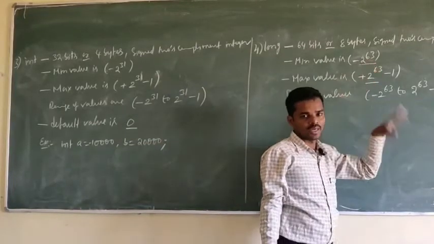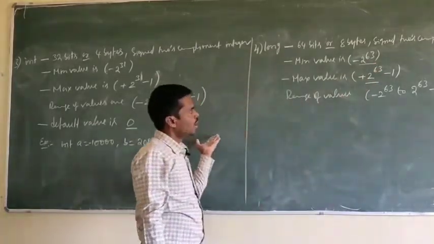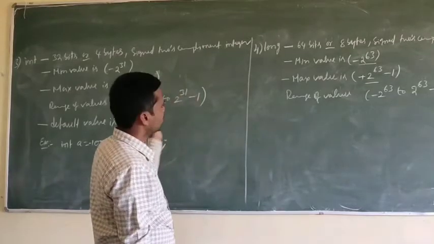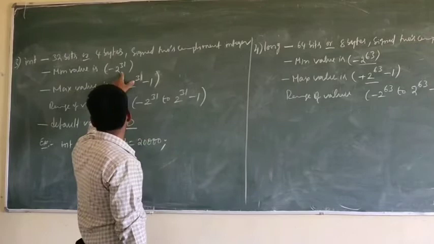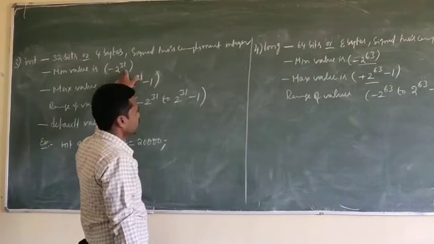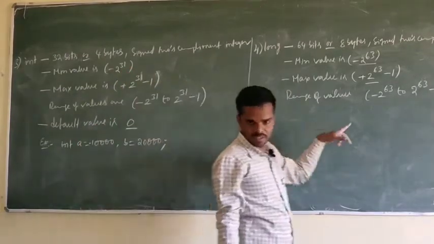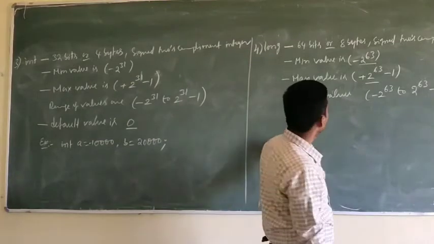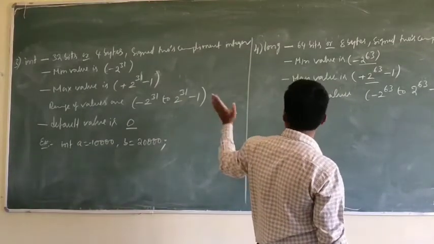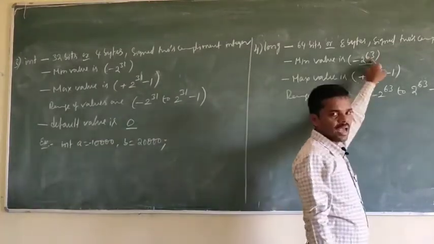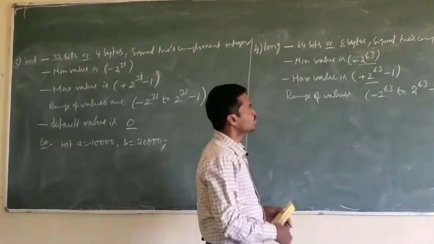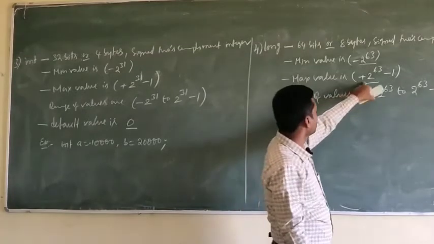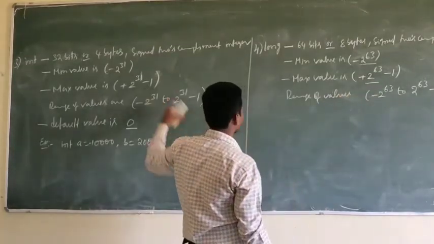Like that we make the exponent from the previous value. Like that you can remember: 2 to the power of minus 63 and 2 to the power of 63 minus 1.